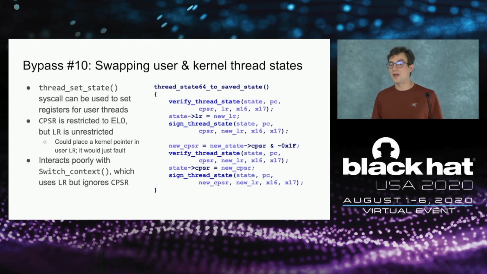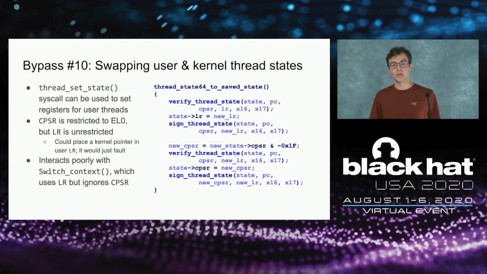And it's implemented in the kernel by this function, which we also saw in the very first PAC bypass, thread state64 to saved state, which is responsible for verifying the old user space registers, then setting the new registers, and then re-signing the thread state such that it has the new registers with the signature intact.